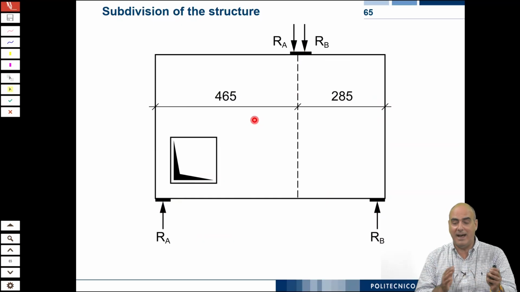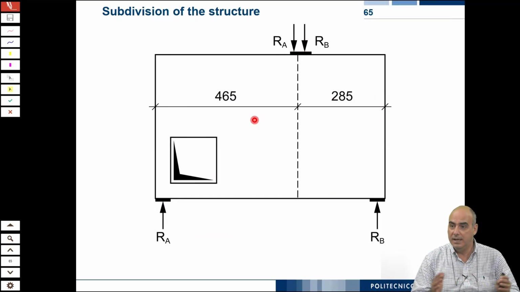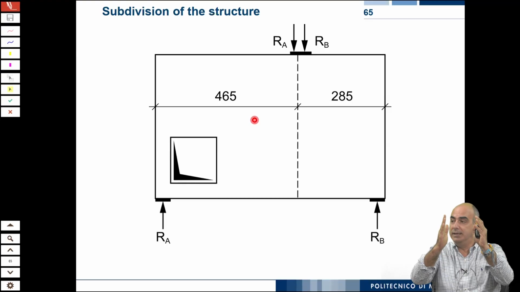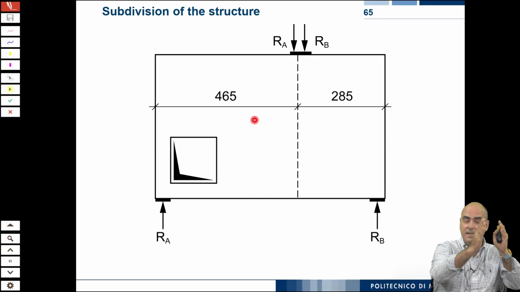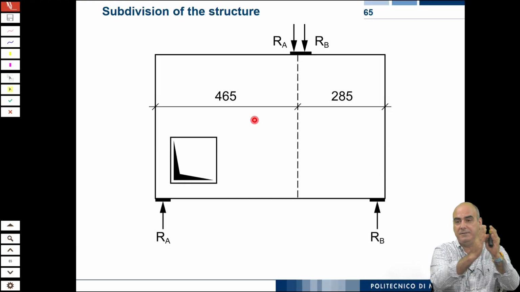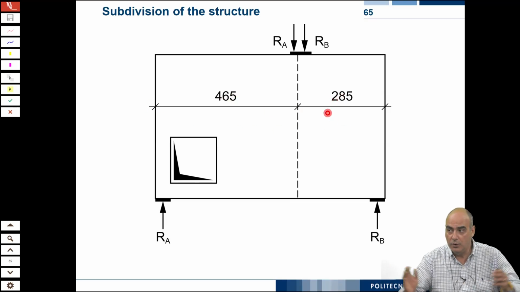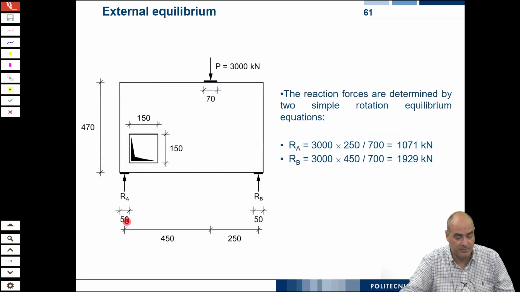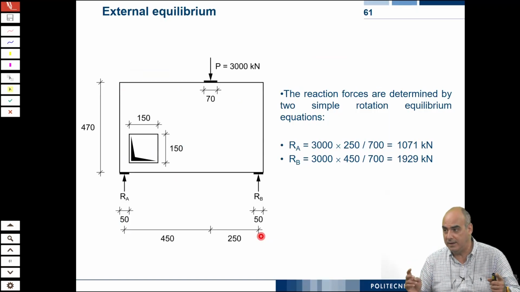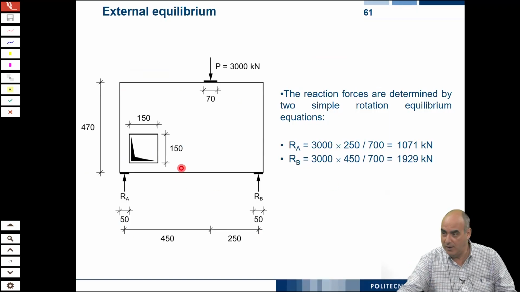So you see we have divided the beam in such a way that the load finds its shear part RA on the left and its shear part RB on the right. These two dimensions, 465 and 285, include half of the support on each side. Whereas if you look at the span here, actually the length of the beam is 7.5 meters. It's not 7. 7 is the span. You have 25 and 25 on each side.